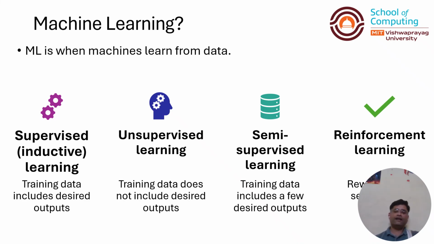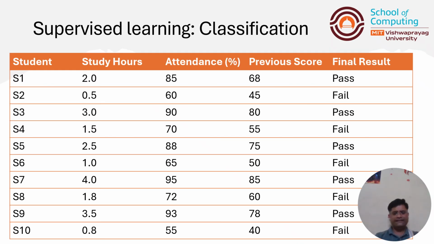The activities for which the agent gets a reward, it will continue doing, and the activities for which the agent gets a penalty, it is going to reduce. This is reinforcement learning.